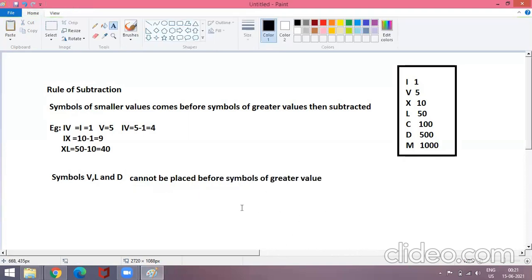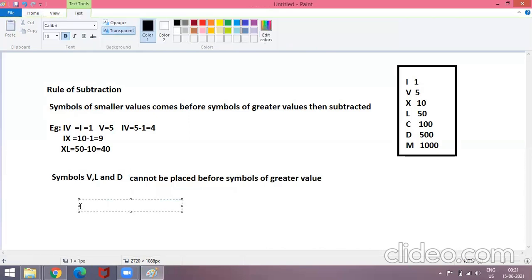So what does this mean? Shall we see an example for the same? Example: VX, right? So the value of X is 10 and V is equal to 5. Since V comes before X, it should be 10 minus 5, which is 5. Is this true? This is not true because the rule of subtraction says that V cannot be placed before symbols of greater value. So it is invalid.